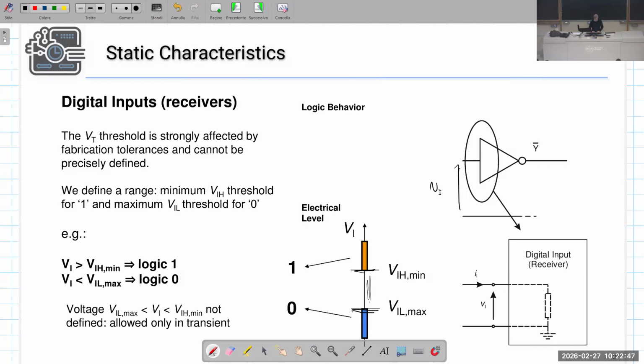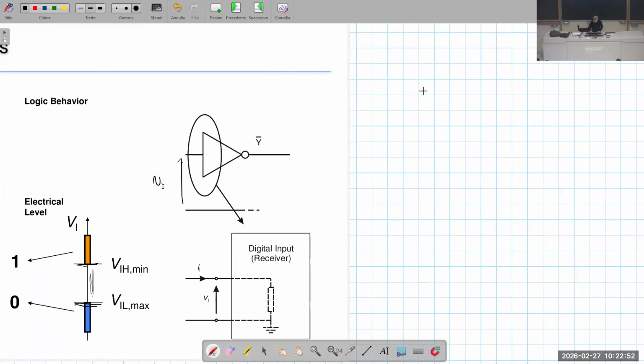Operation in this range between VIL maximum and VIH minimum is allowed only in transitions. So we have our signal, this is VOL, this is VOH, VIL maximum, VIH minimum.